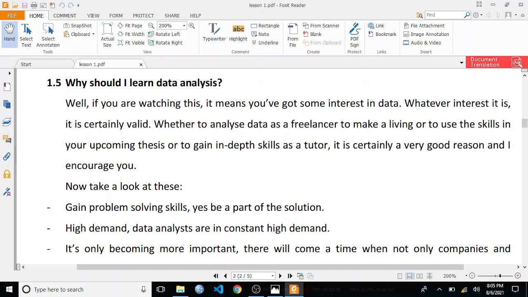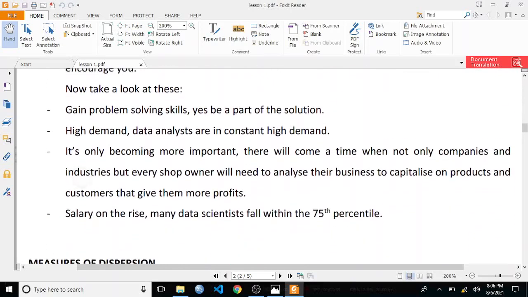Whether to analyze data as a freelancer to make a living or to use the skills in your thesis, or to gain in-depth skills as a tutor, it is certainly very important, and I encourage you to go ahead.